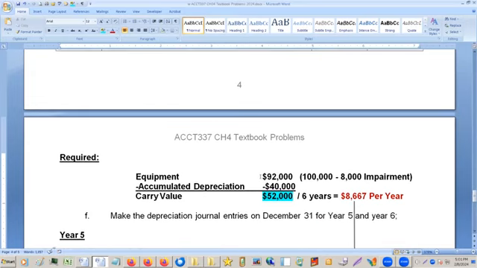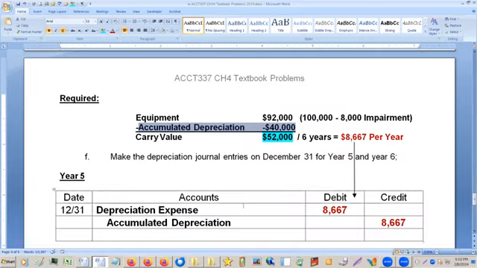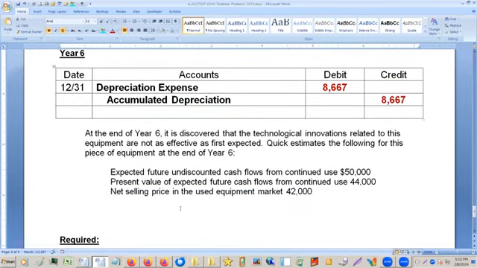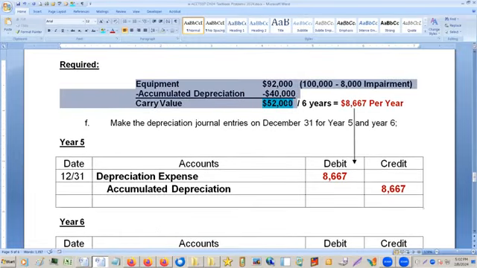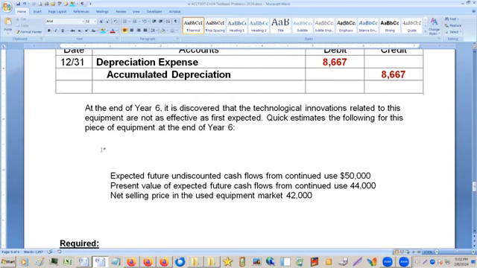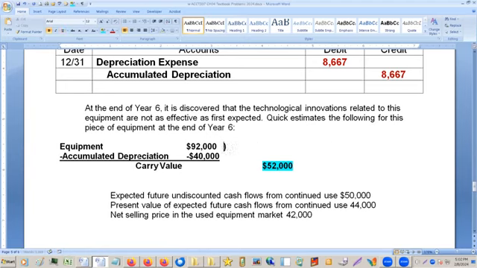First of all, we've got to figure out how much the accumulated depreciation is. Okay, I'm going to put it in between here. Okay, so our equipment is 92,000.